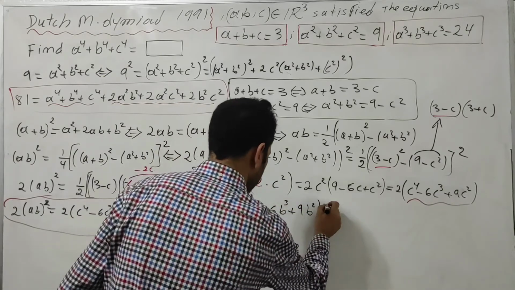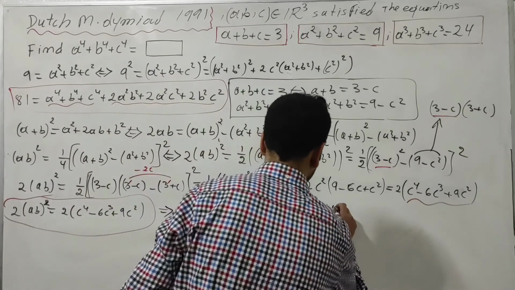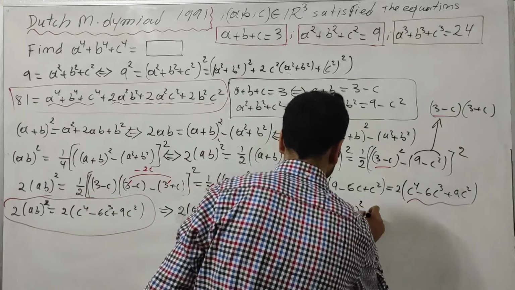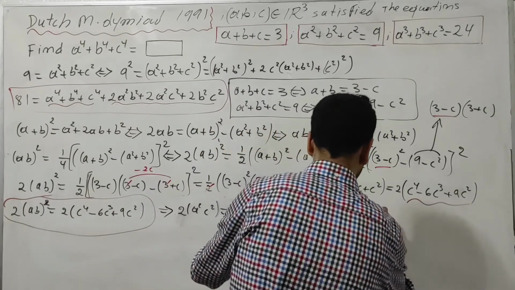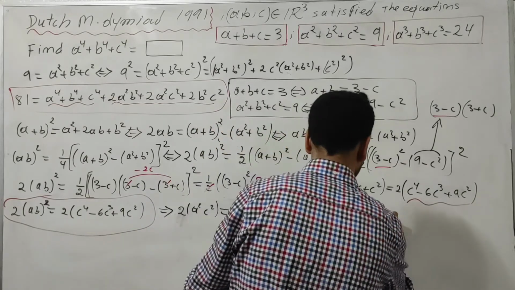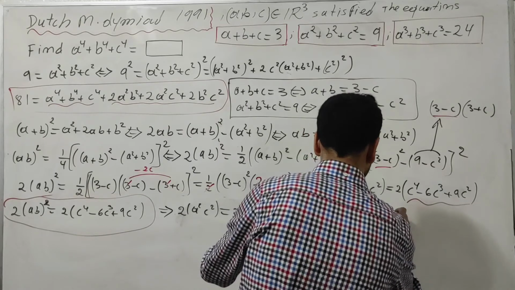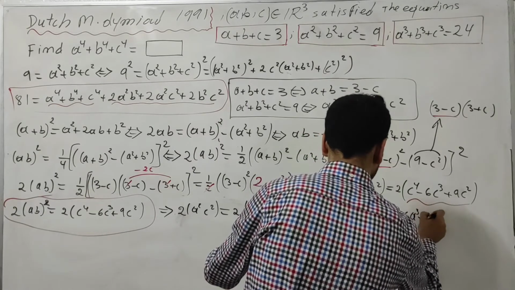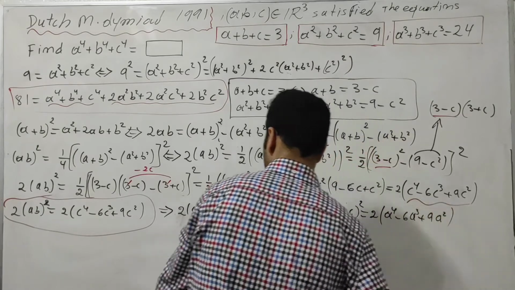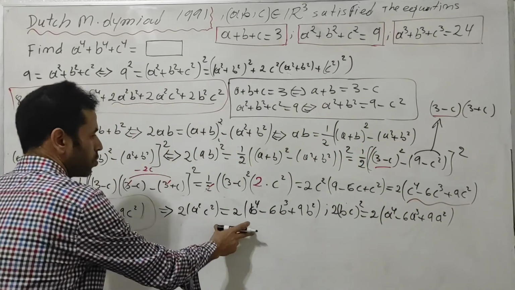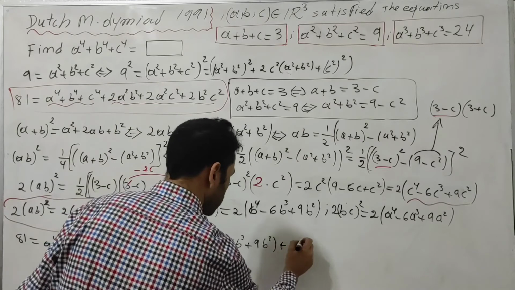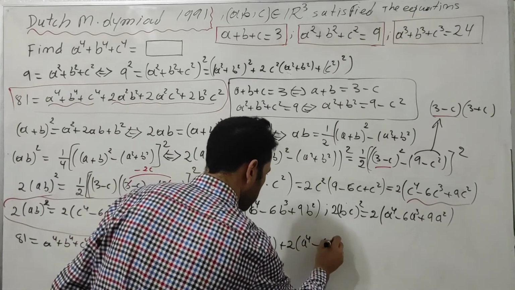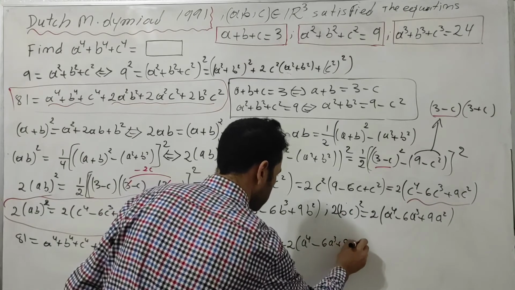For the last term, which is 2 times B squared C squared, it will be 2 multiplied by A to the 4th minus 6A cubed plus 9A squared.